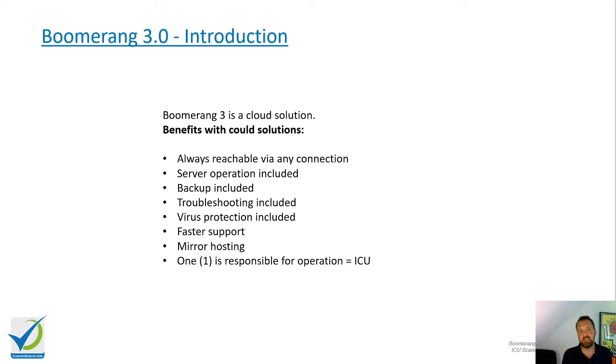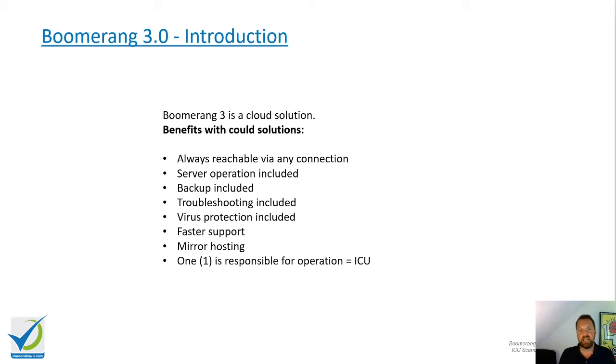And in addition to that, service and support is much faster and simpler in the cloud solution. Boomerang 3 is hosted in Sweden by our hosting partner, and it's mirrors hosting, and this means that if the main system on site A for some reason goes down, it will switch immediately to the system on site 2 with little or no downtime.